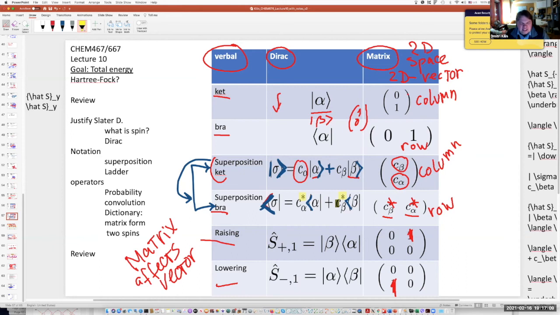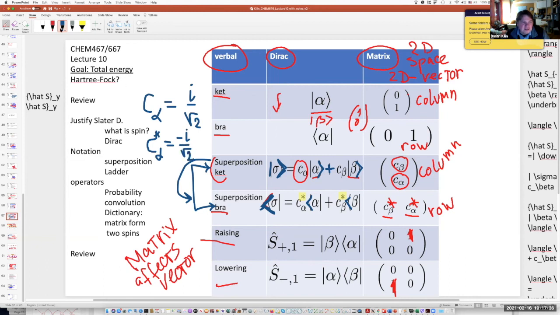So this little star means that, for example, if C alpha was equal to i divided by square root of 2, then C star alpha will be minus i over square root of 2.